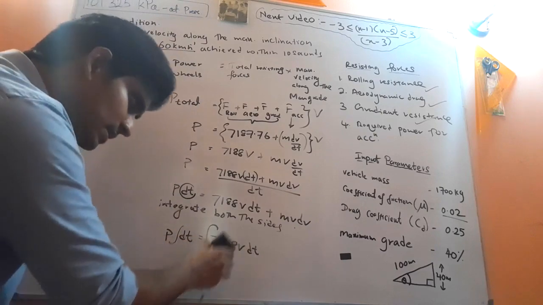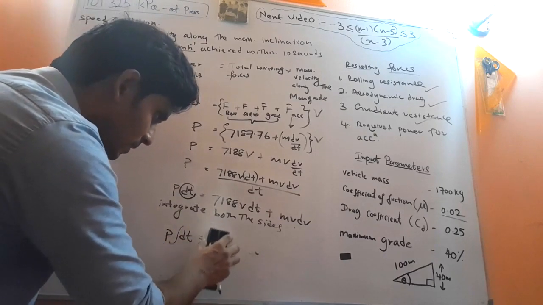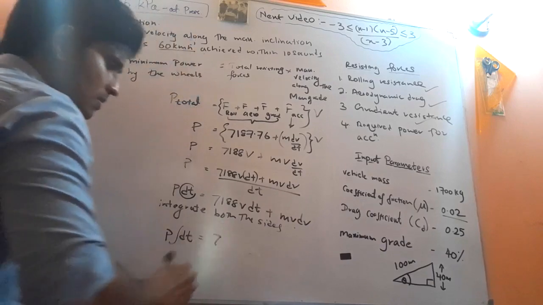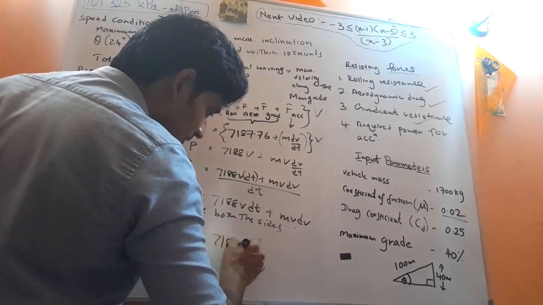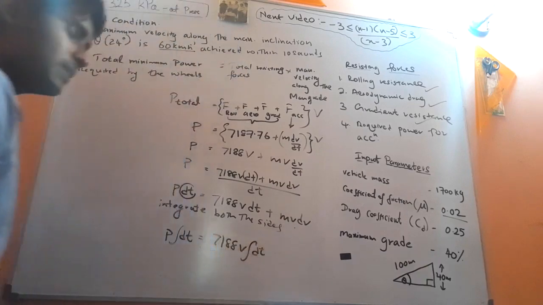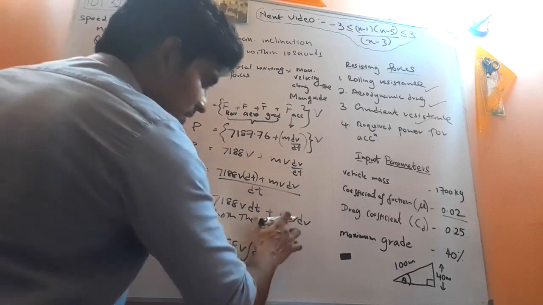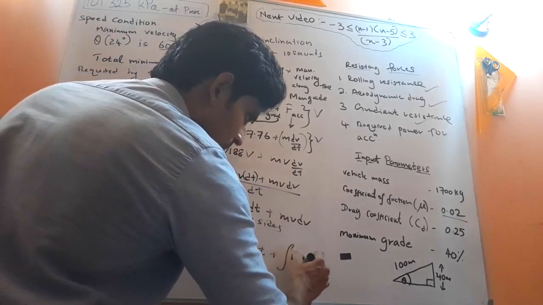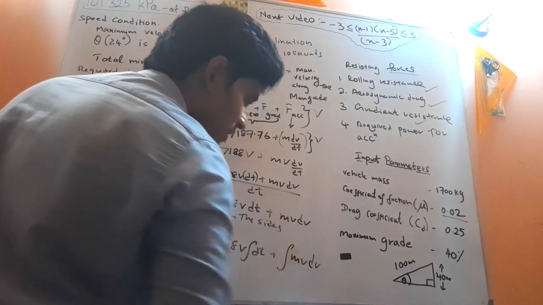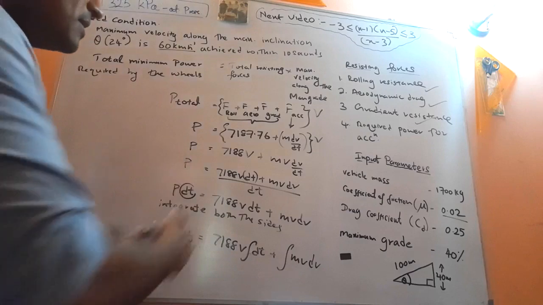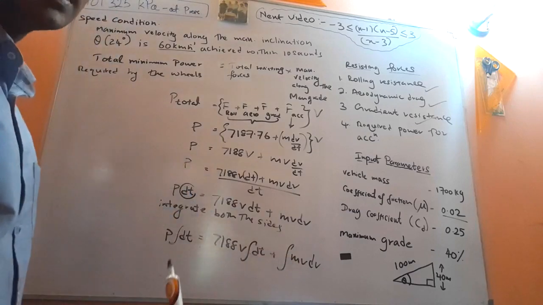So we can write this part as 7188 V times dt. Then the integration of this part plus m v dv. If you consider this part, the only possible way to integrate it is with respect to the velocity.